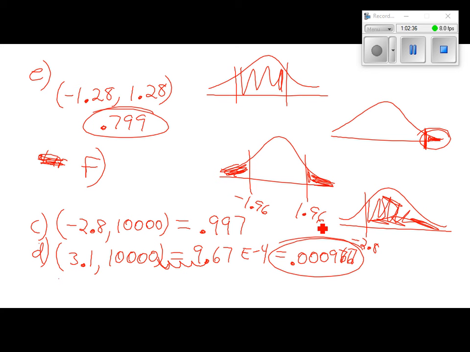You can find both of them and add them together, or find one of them and multiply by 2, since it's the same. So what do we punch in to find this area over here? Negative 10,000, then negative 1.96. What's that give us? 0.024, and then times 2 would be 0.049.